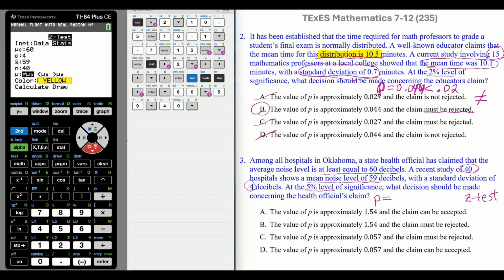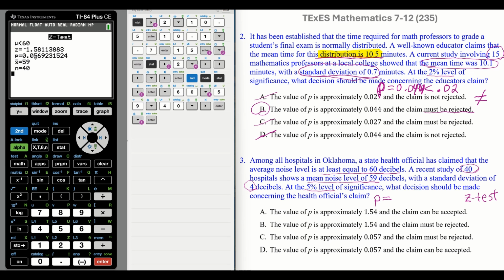That number is less, so we need to go over to the less. We're saying our new value is less than what we had before. Enter. Now you'll have to arrow down. I'm not drawing yet, so I'm not going to worry about that. I'm going to calculate. There is our new p-value, and we have a rounding situation.